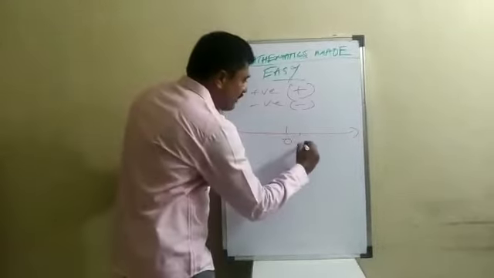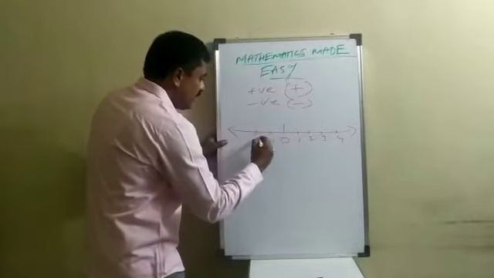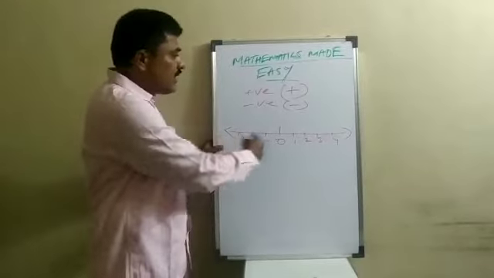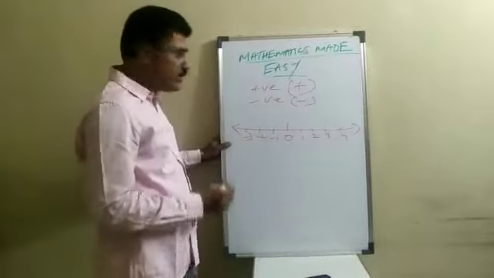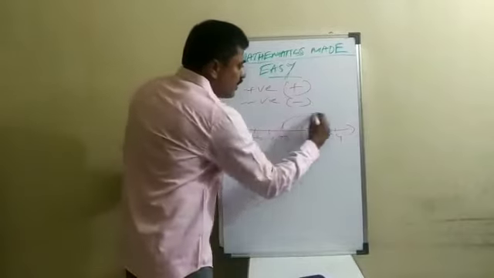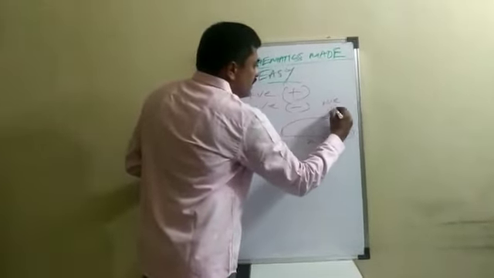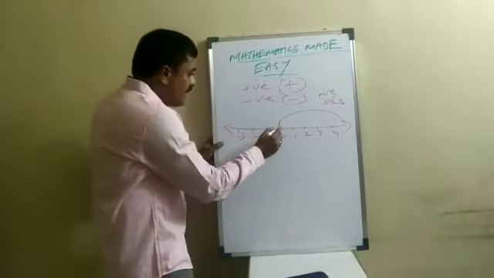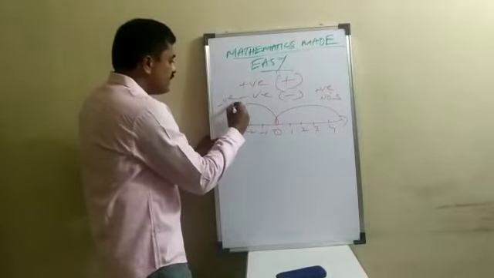On the right side of 0 I am writing some numbers 1, 2, 3, 4 and so on, and on the left, minus 1, minus 2, minus 3 and so on. In this way we have seen how to mark the numbers on the number line. The right side of 0 are called positive numbers, whereas the left side of 0 are called negative numbers.